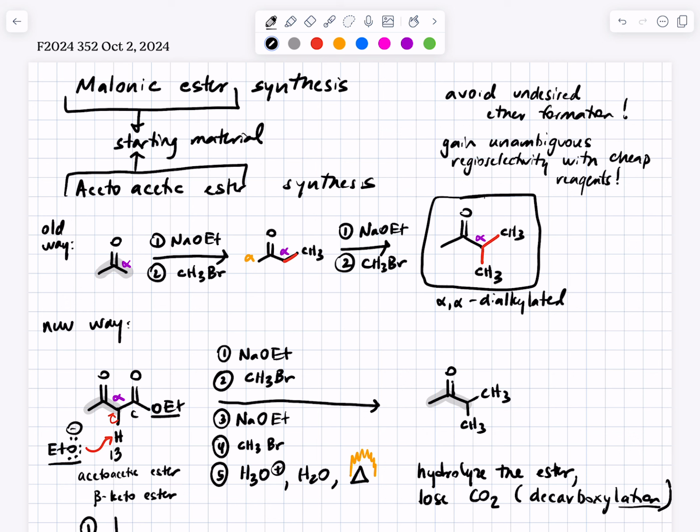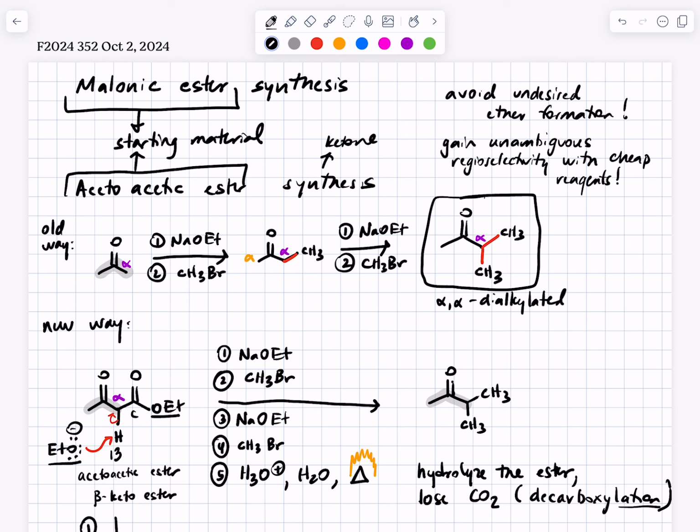We're going to begin today where we started last time, where we're discussing the malonic ester synthesis and the acetoacetic ester synthesis, which are really syntheses beginning with those starting materials and leading to alpha-alpha dialkylated products. The product of the acetoacetic ester synthesis in the end is going to be a ketone.